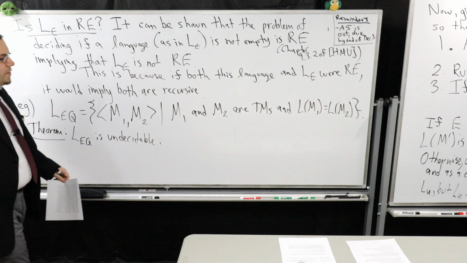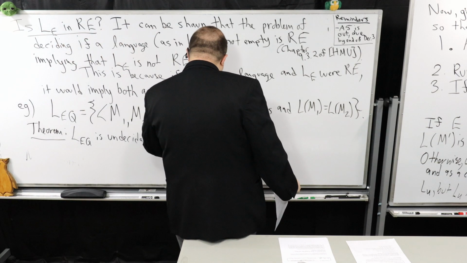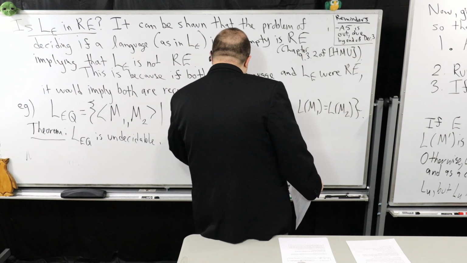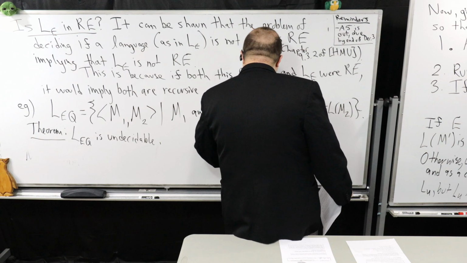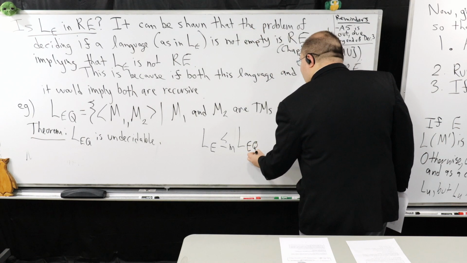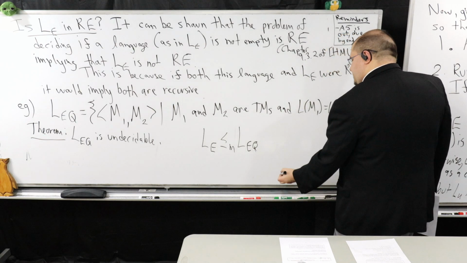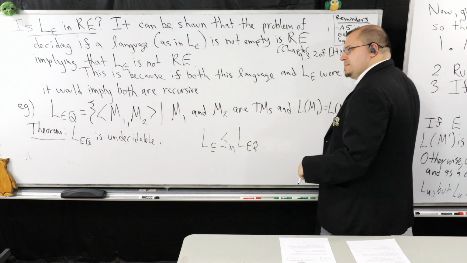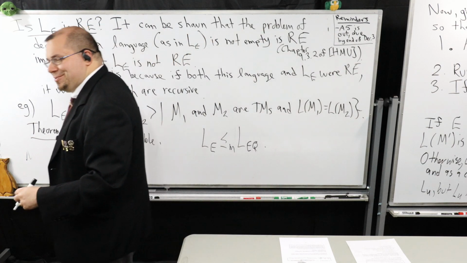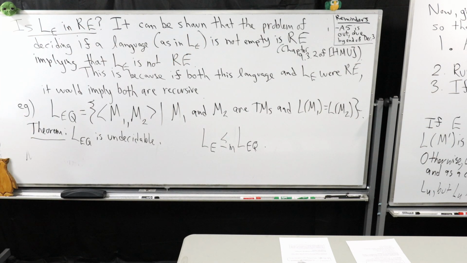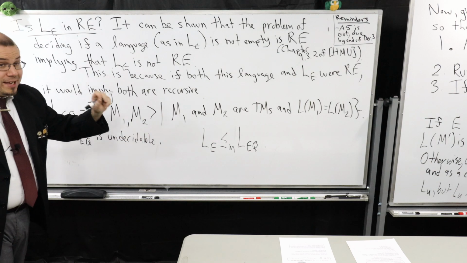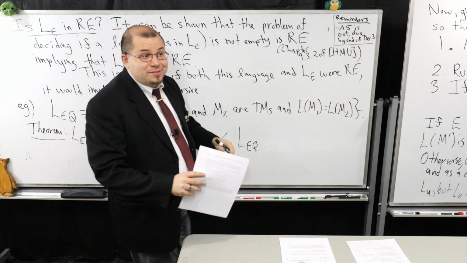Remember, if I have LE and perform a reduction to LEQ, and I know LE is undecidable, what does that mean for LEQ? It's undecidable as well. So all I have to do, logically speaking, is present this reduction and impose that property.